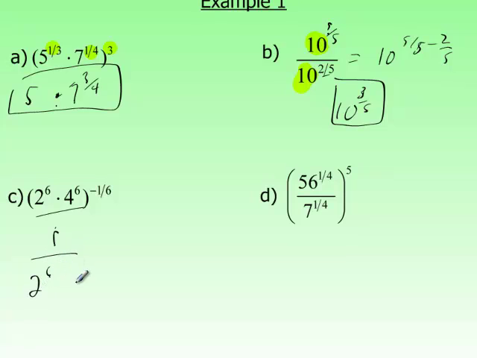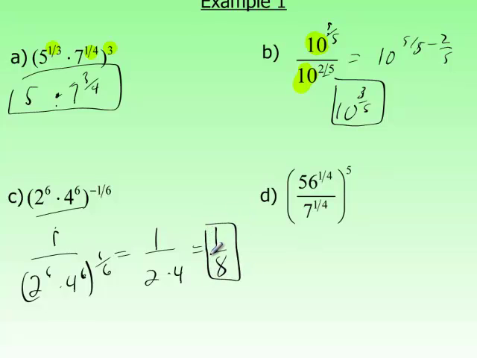So that's going to be 2 to the 6th times 4 to the 6th, and then all that to the 1/6 power. And then from here, I can use the power of a power, and that's just going to give me 2, because 6 times 1/6 is just 1, and then times 4, and then I evaluate that. That's just going to be 1/8, and then I would box that one in like so.